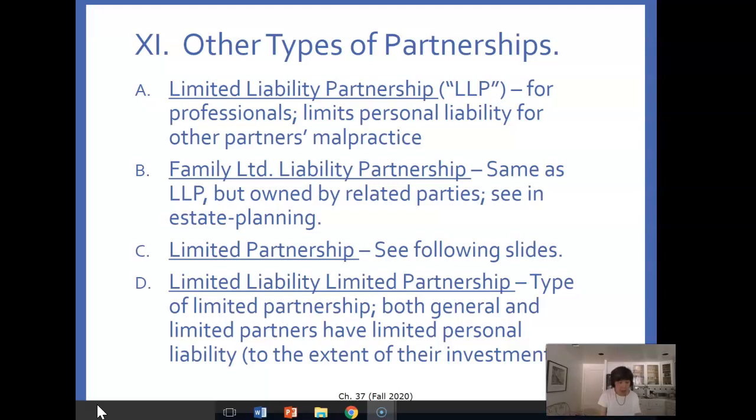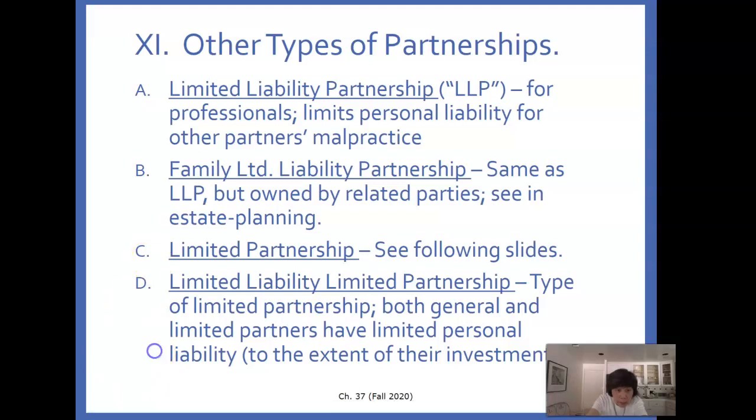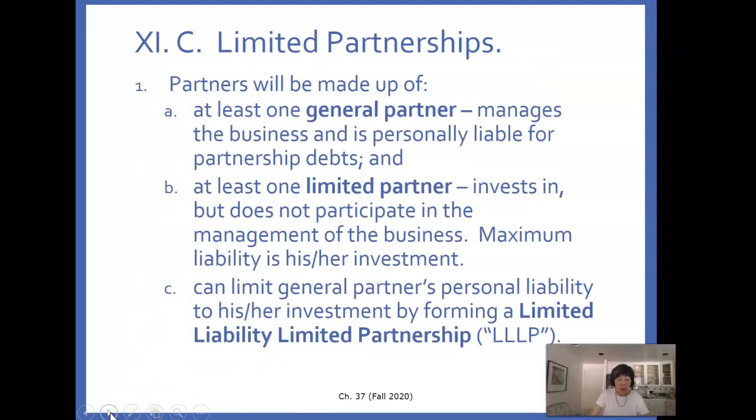We're going to spend the rest of our time in this video looking at the limited partnership and how it operates. Let me talk about limited partnerships with you. In terms of its structure, you're going to see at least one general partner, and this is the person who will manage the business and will be personally liable for any of the partnership obligations or debts.